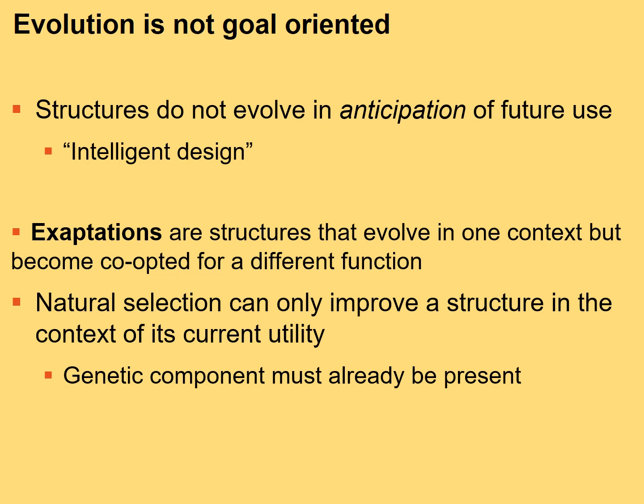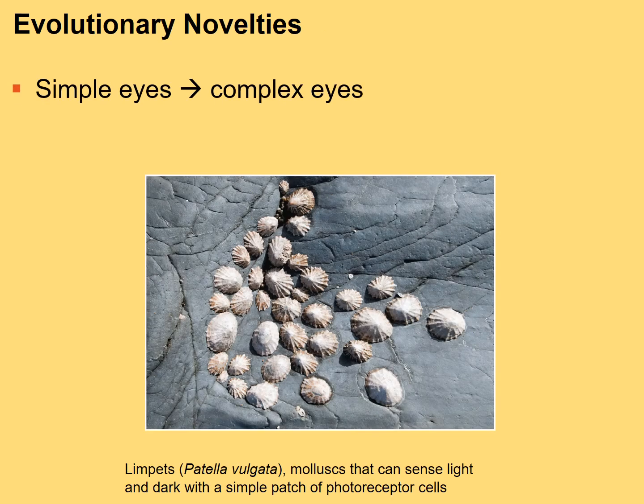Natural selection basically just improves upon the structure that is already there. So the genetic component must be there. The gene sequences which result in this structure must already be present for natural selection to select for or against it.